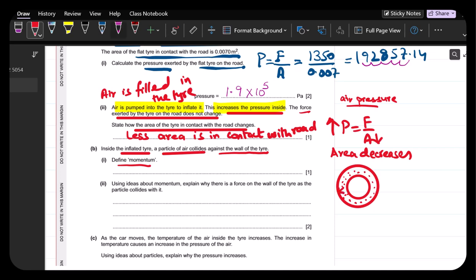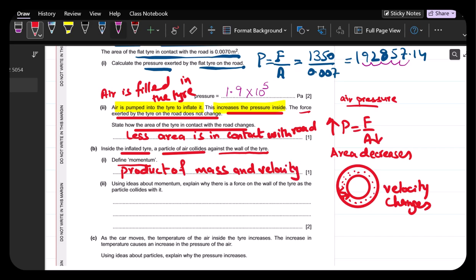After collision, it changes its direction. If it changes its direction, it means velocity changes. If velocity changes, it means there is a change in momentum. So we are going to state the definition of momentum. Momentum is the product of mass and velocity.